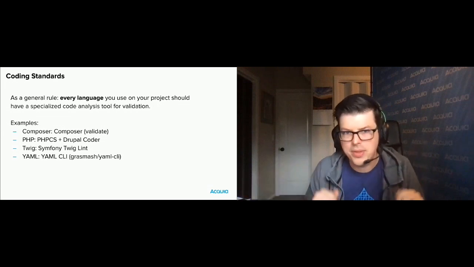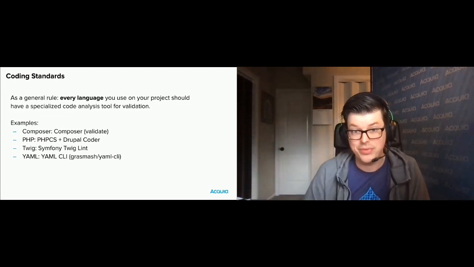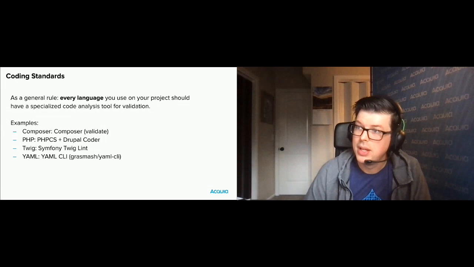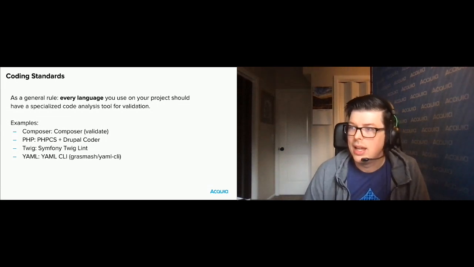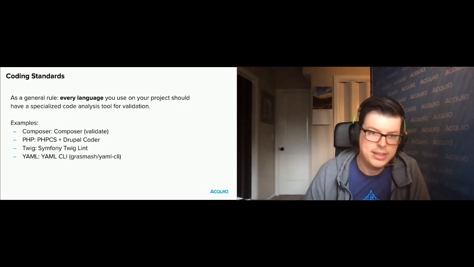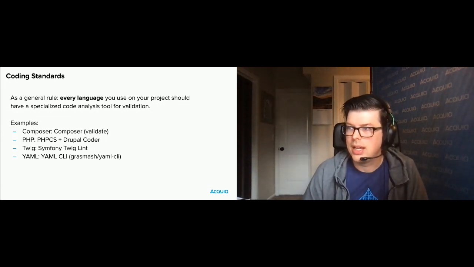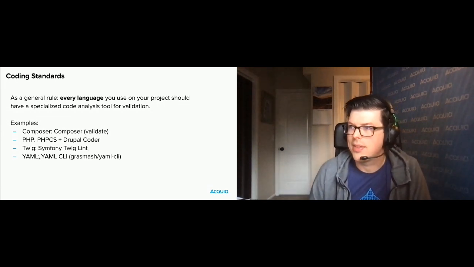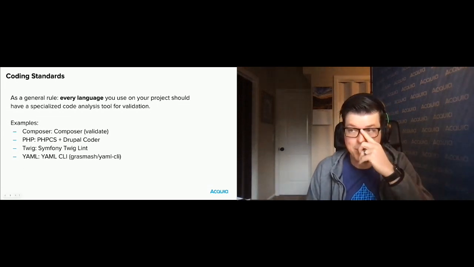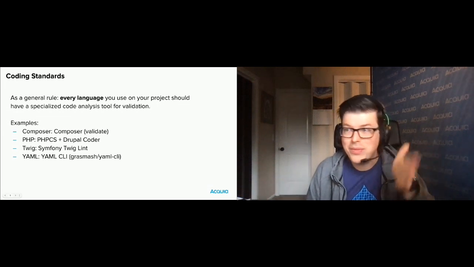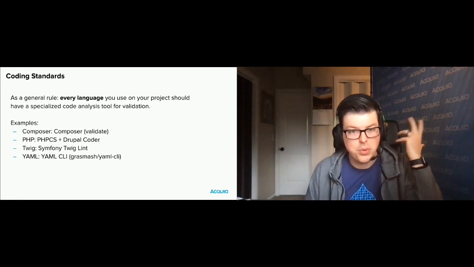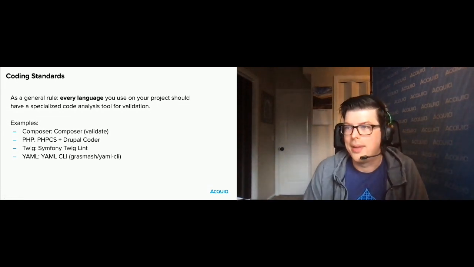So PHP Code Sniffer is what you should be using for your PHP code. For Twig, Symfony has a Twig linter that you can set up and use. And for YAML, my colleague Matthew Grasmick has a YAML CLI tool that you can use to validate your YAML. And again, you don't have to use these specifically. These are the ones we tend to use.